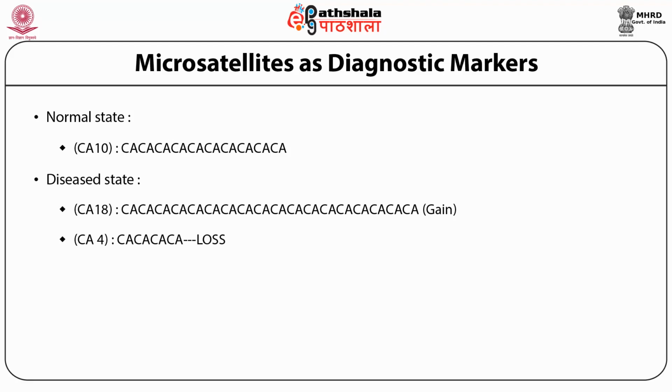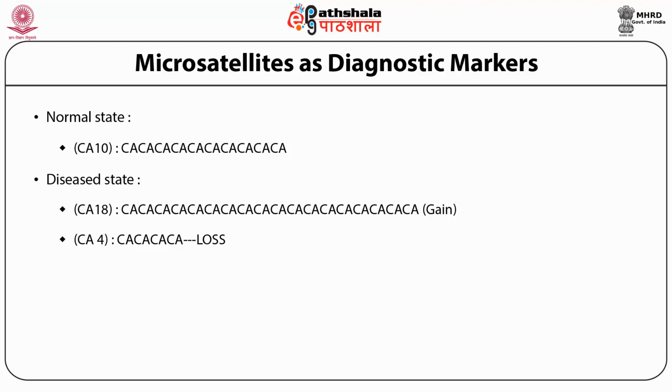Thus, there can be either an expansion or a loss of the dinucleotide, thereby leading to pathogenic events. This loss or gain of the tandem nucleotides results in allelic disbalance, which is often associated during cancer initiation.